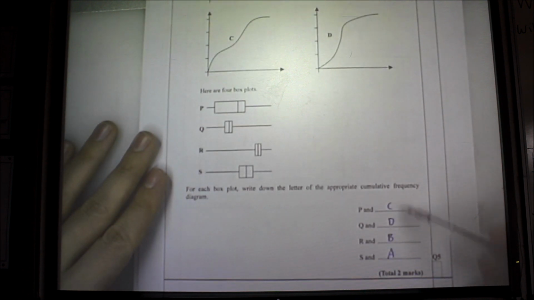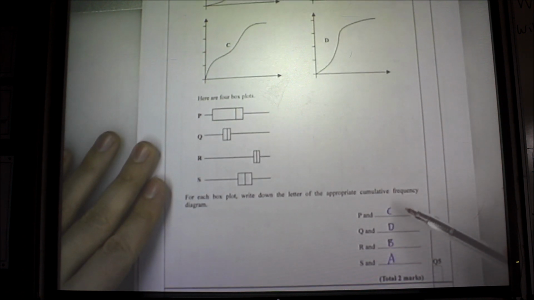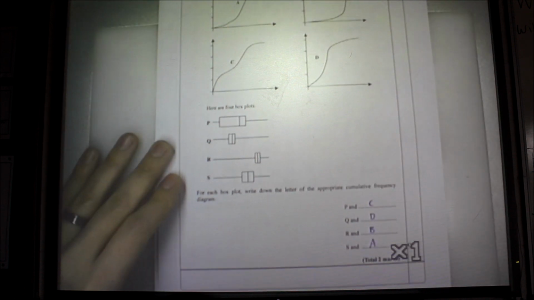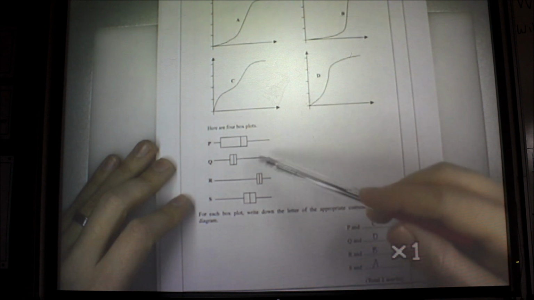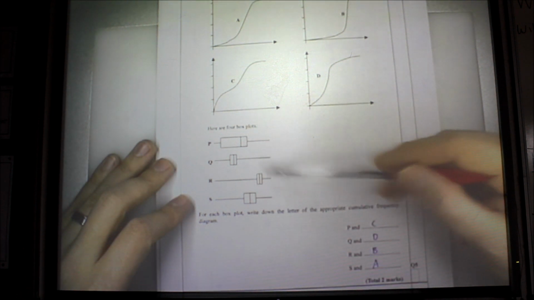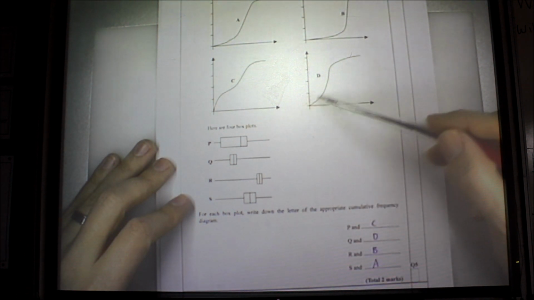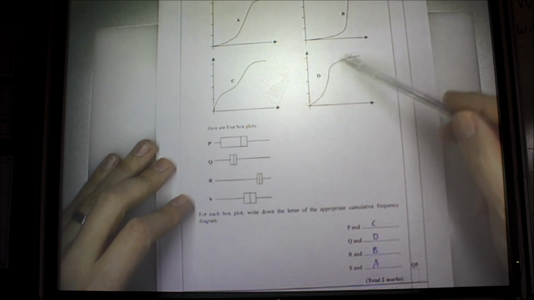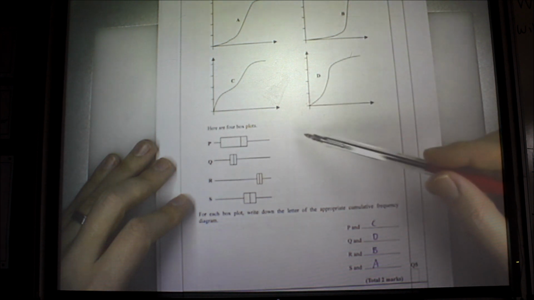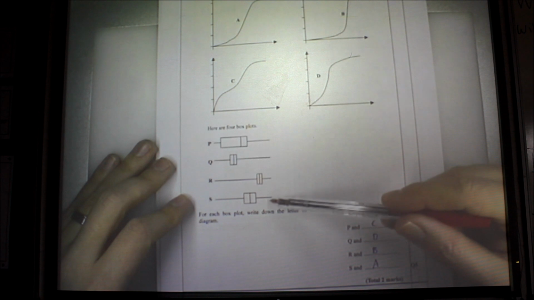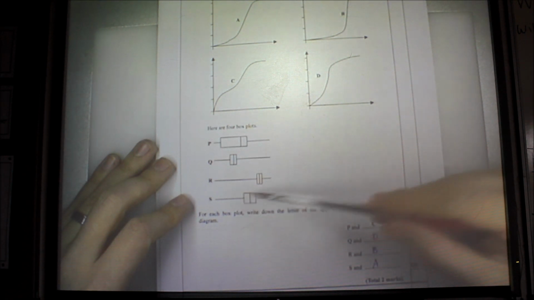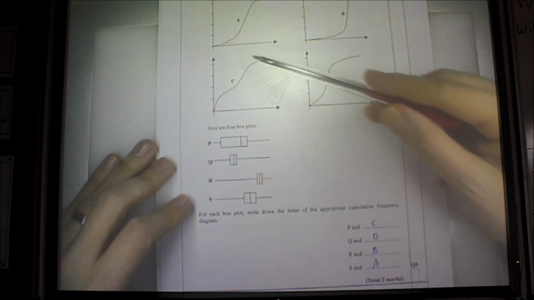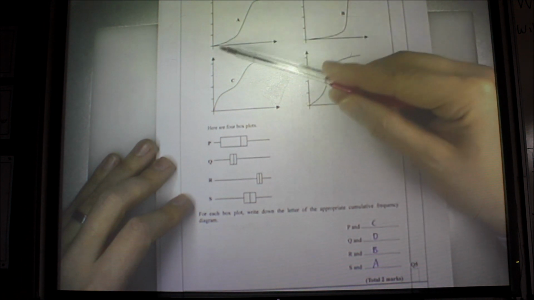Sorry guys, there's your answers in case you just have a quick look. The next one I looked at, let's have a look. I think Q equal to D because it's similar to R, but the increase goes up much sooner. So that's why Q is equal to D. S is what I call a relatively normal one, but it's slightly higher up this end of it, and I'd say that looks like A, because that looks like a fairly simple one there.